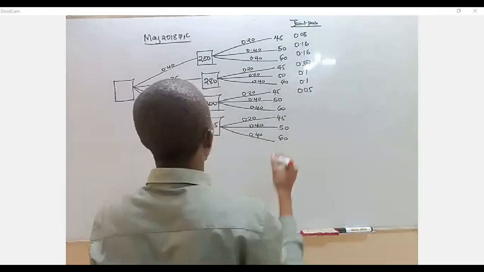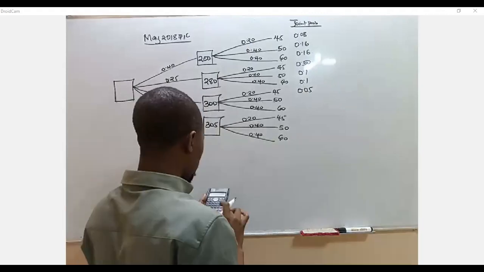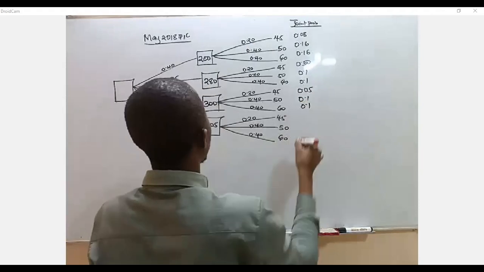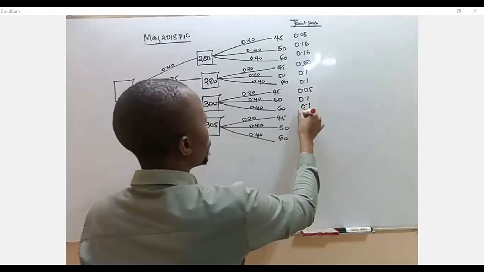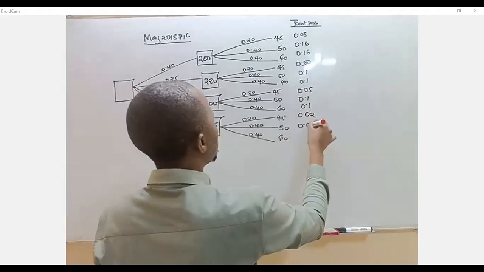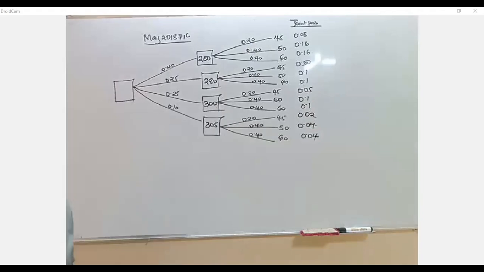The other one will be 0.4, coming to 0.1, then 0.02, 0.04, 0.04. You have done the joint probabilities.